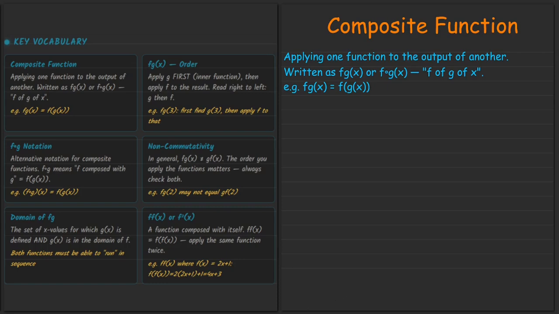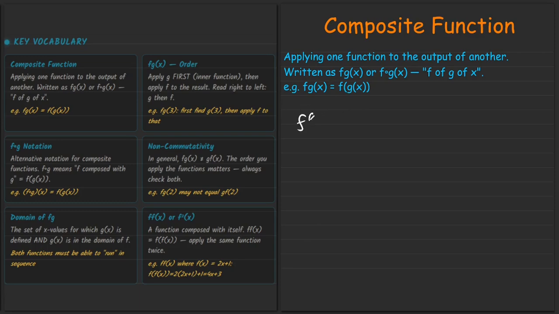So let's start by first of all looking at what a composite function is. When we talk of a composite function, we simply mean you are applying one function to the output of another. Most of the time this is how we write it. So let's say you have two functions, f of x and g of x.